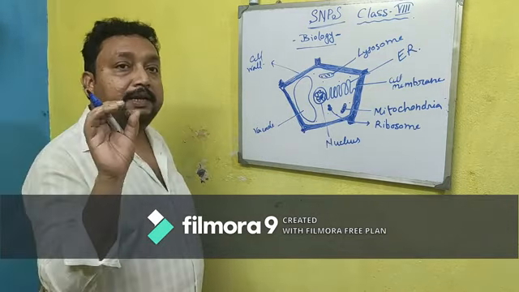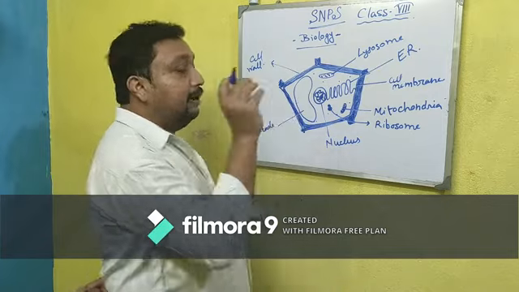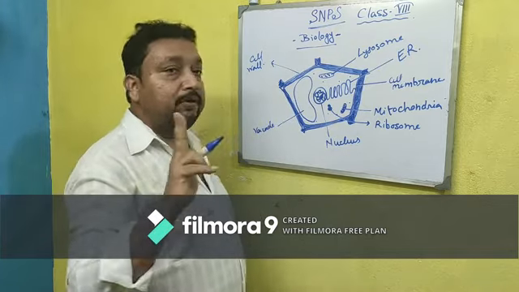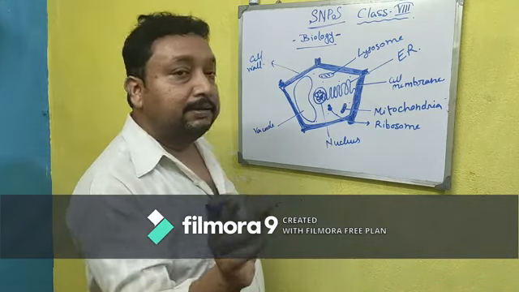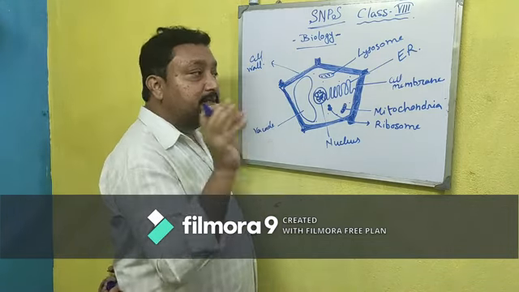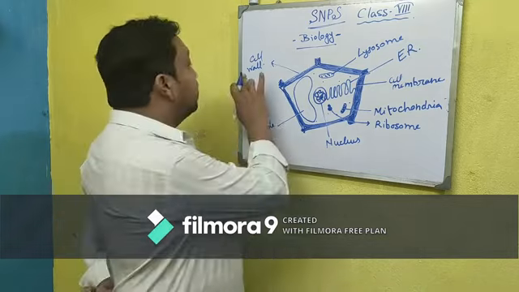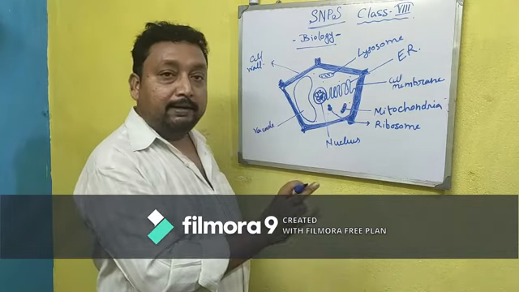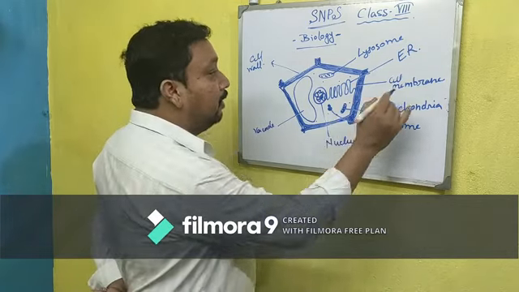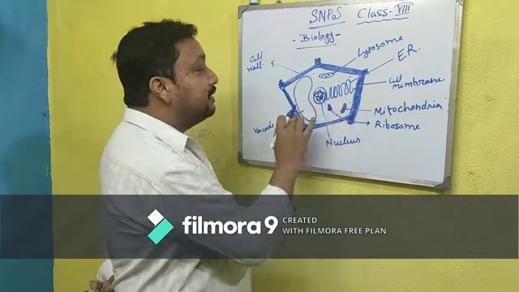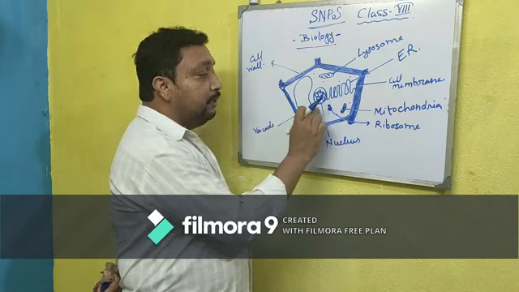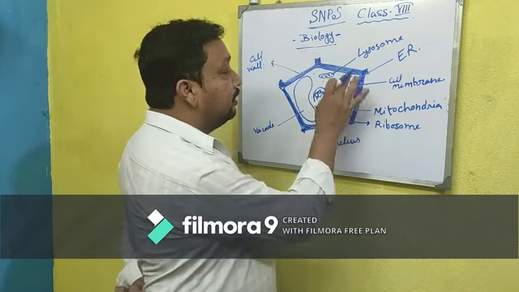I repeat in short: the cell is mainly composed of two main parts, cell covering system and protoplasm. The cell covering system has two parts, cell wall and cell membrane, and protoplasm has three basic parts: vacuoles, nucleus and cytoplasm.